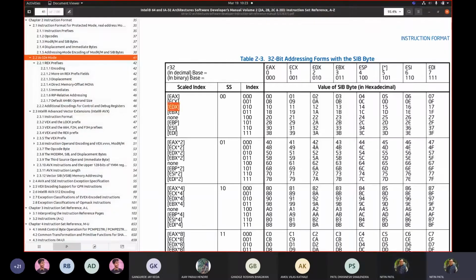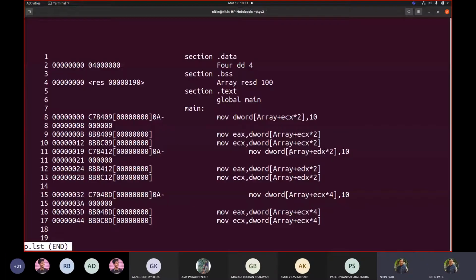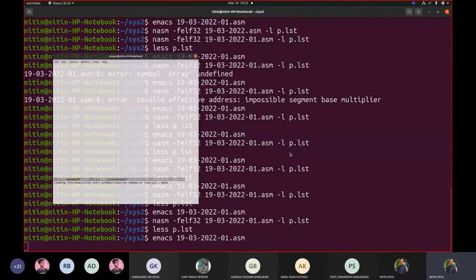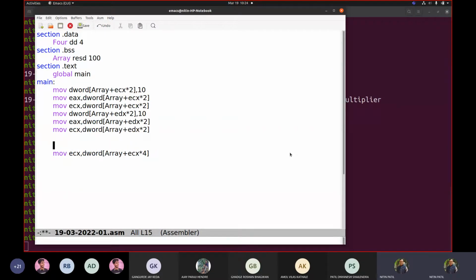But then I am not able to see this particular thing, this 49. I'm not able to get that. So if I multiply it by 4, again let us see what happens. So we will replace this ECX by EDX.